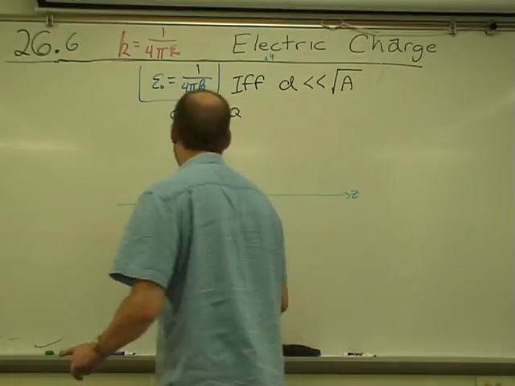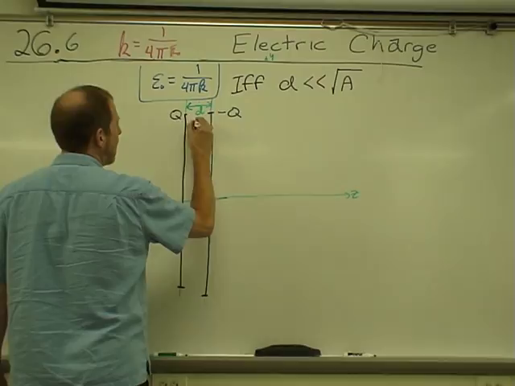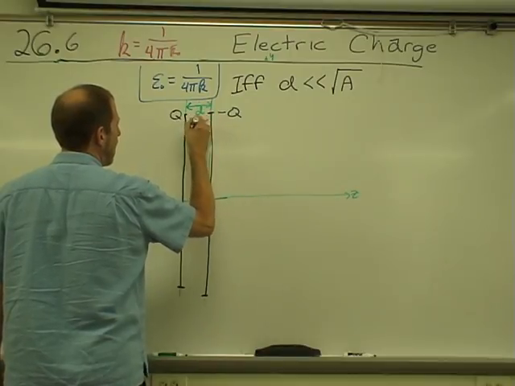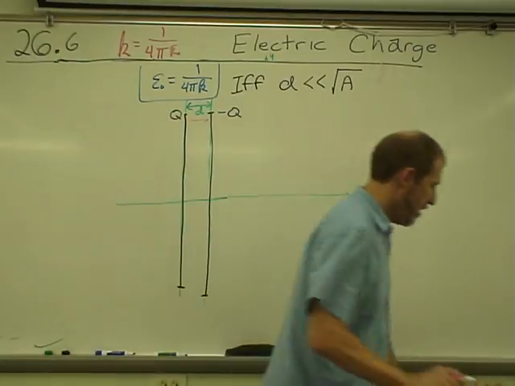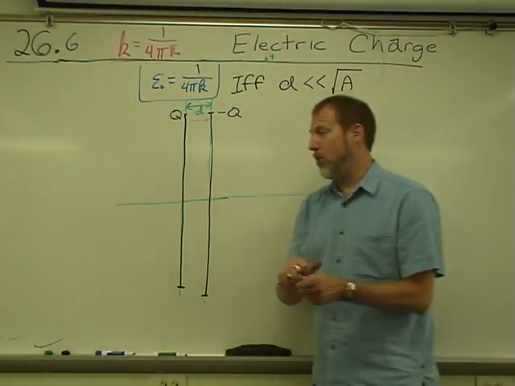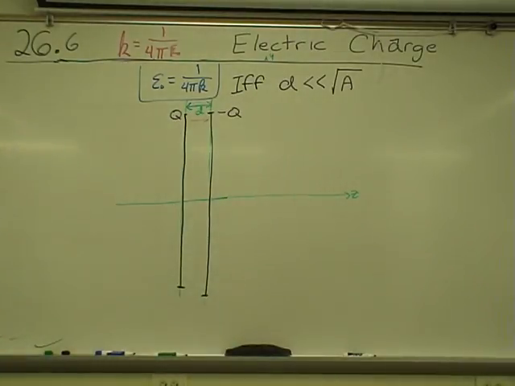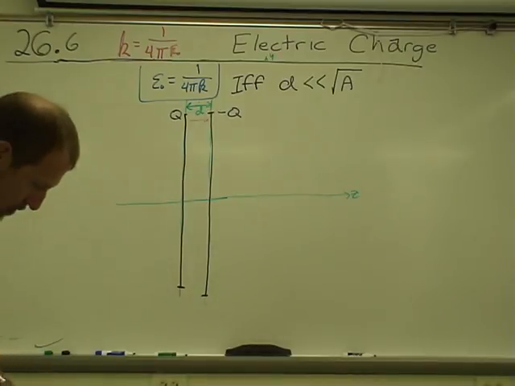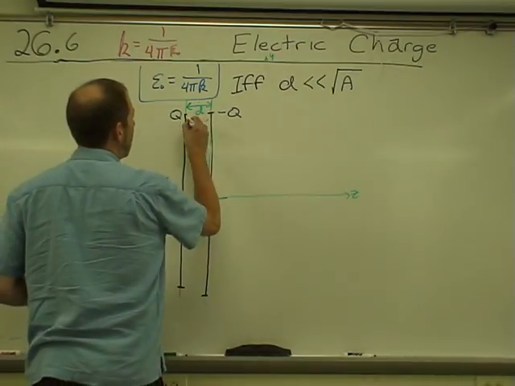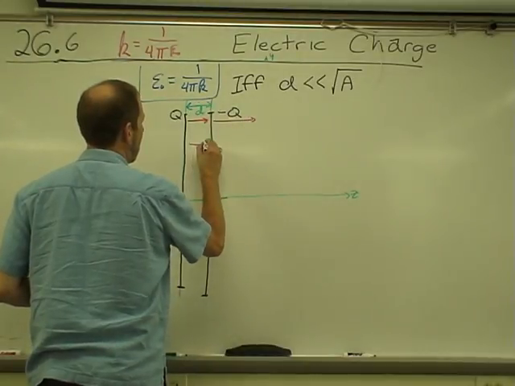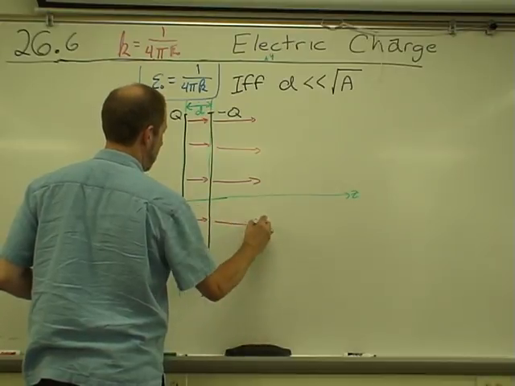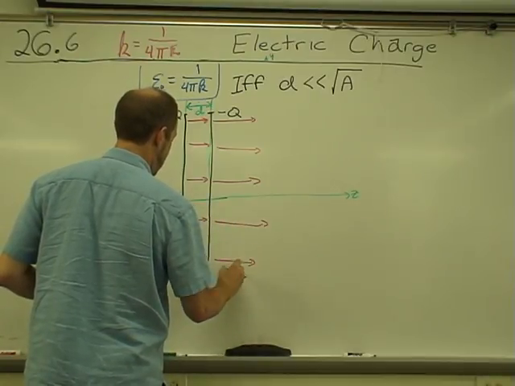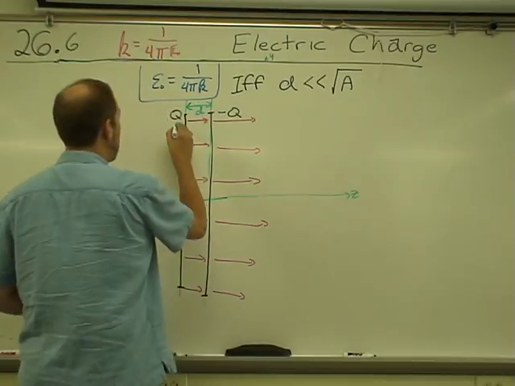Here's why that's helpful. Because if I have this positively charged plane Q, it is going to give me electric field lines radiating outward from the positive plane in both directions.